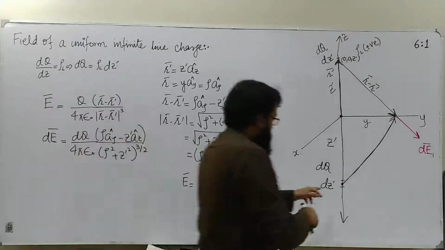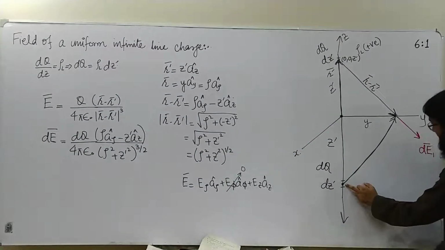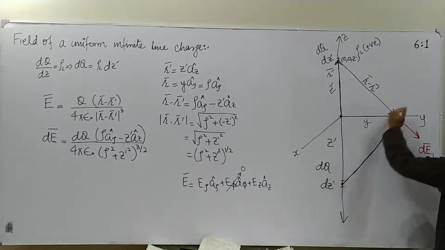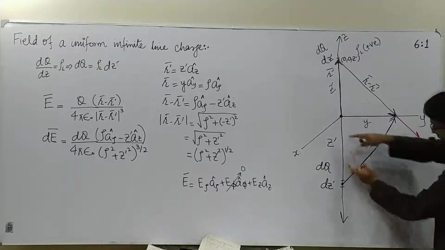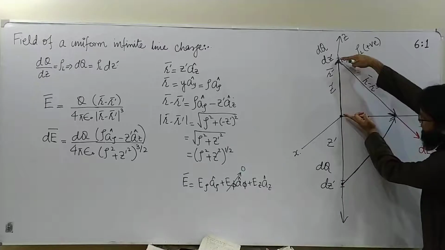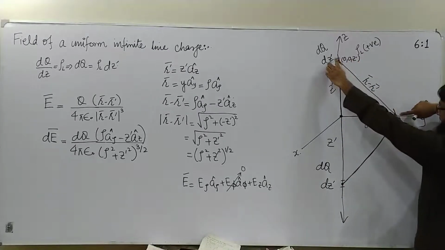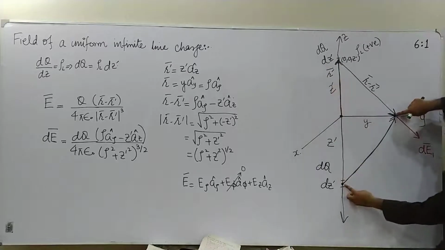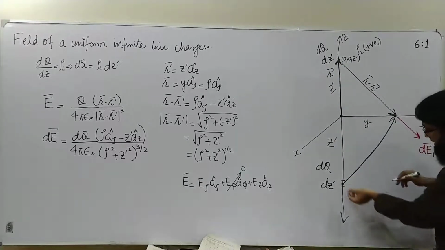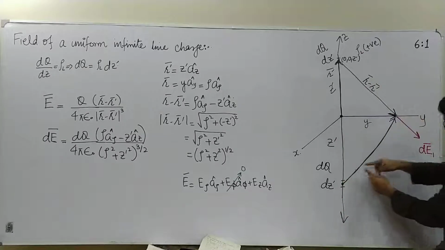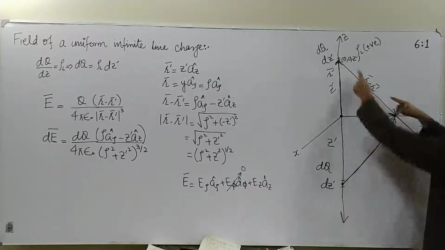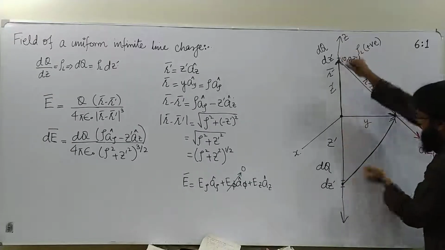Let's see that. Since this distance is the same as this one and this distance is the same as the previous one, this distance will also be the same as this distance. The amount of charge is also the same, so the distance between the field point and source point is the same, and the amount of charge is the same.